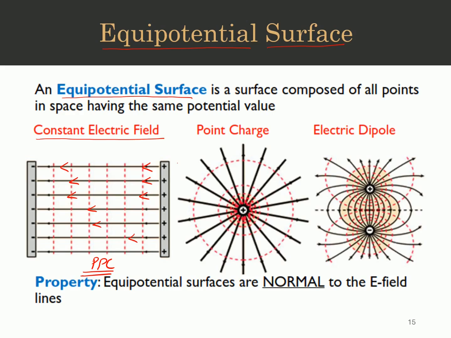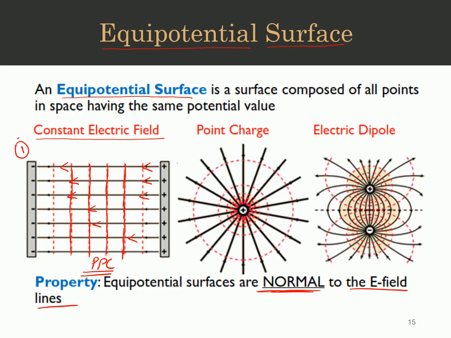Now, an equipotential surface is a surface that is always perpendicular to the direction of the electric field, and thus you can see that these red lines, which are normal to the black lines, are known as the equipotential lines, or the equipotential surface when all the lines are seen together. So equipotential surfaces are always normal to the electric field lines, as shown here by the red dotted lines in the first scenario of the parallel plate capacitor.